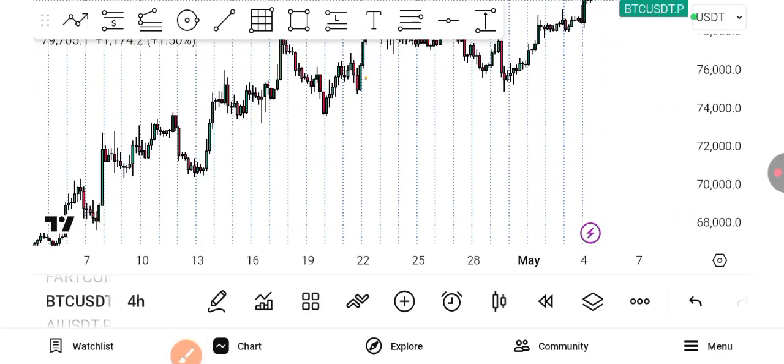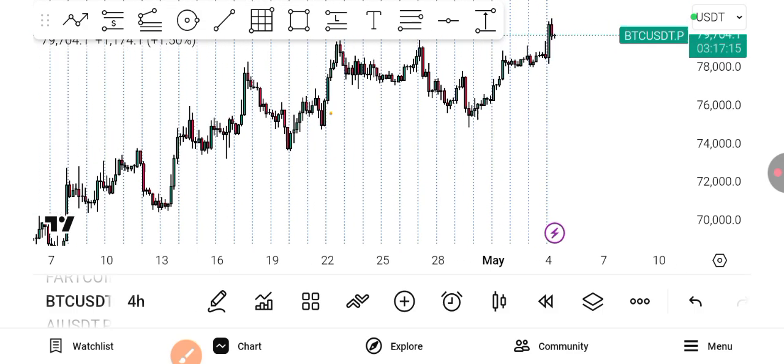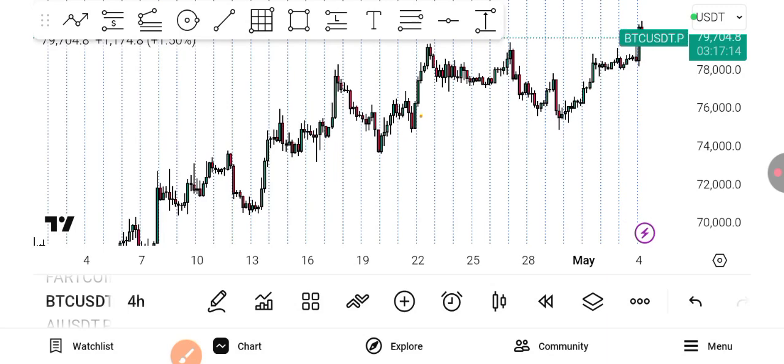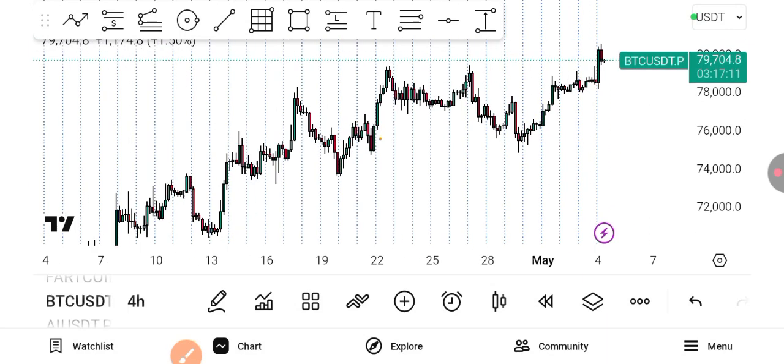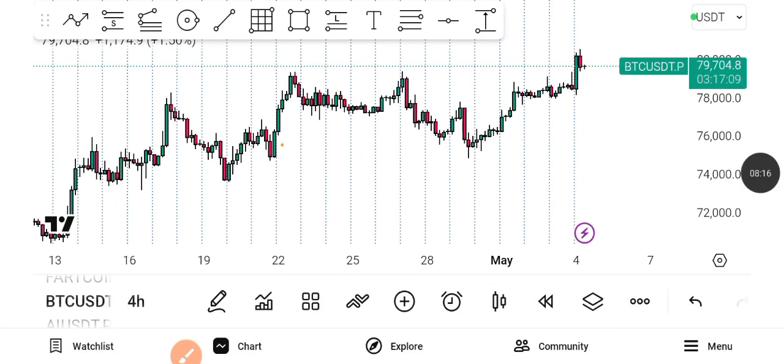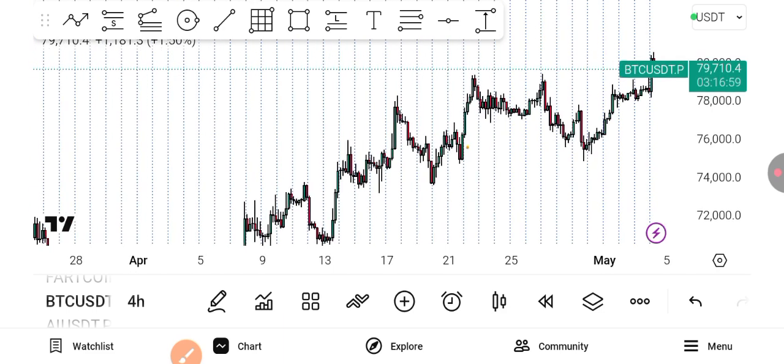Let's go to the previous chart, the previous market. So I'm going to be using BTC for this illustration. Okay, so let's see. So when you look at this, you're going to see I've saved one here.